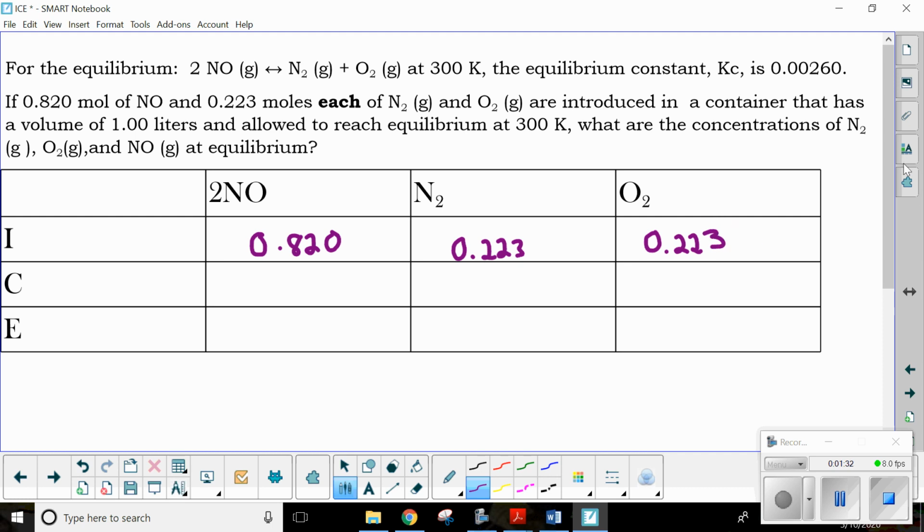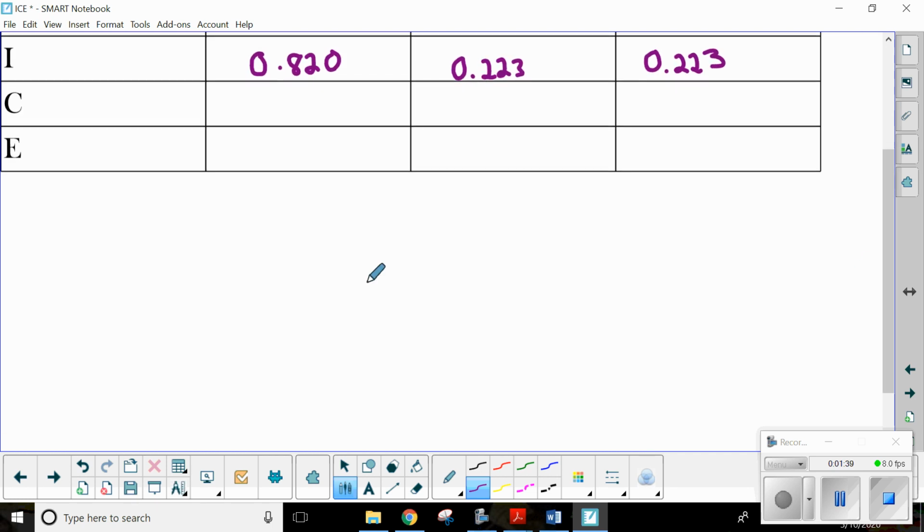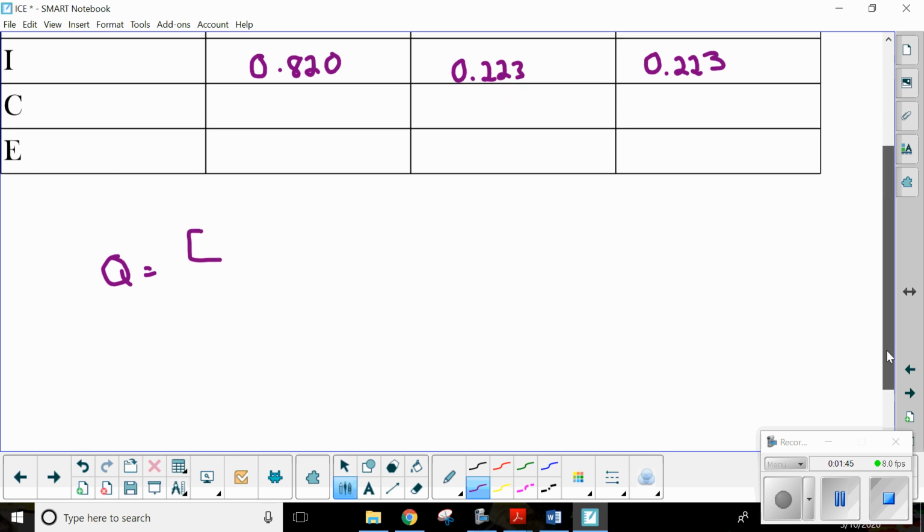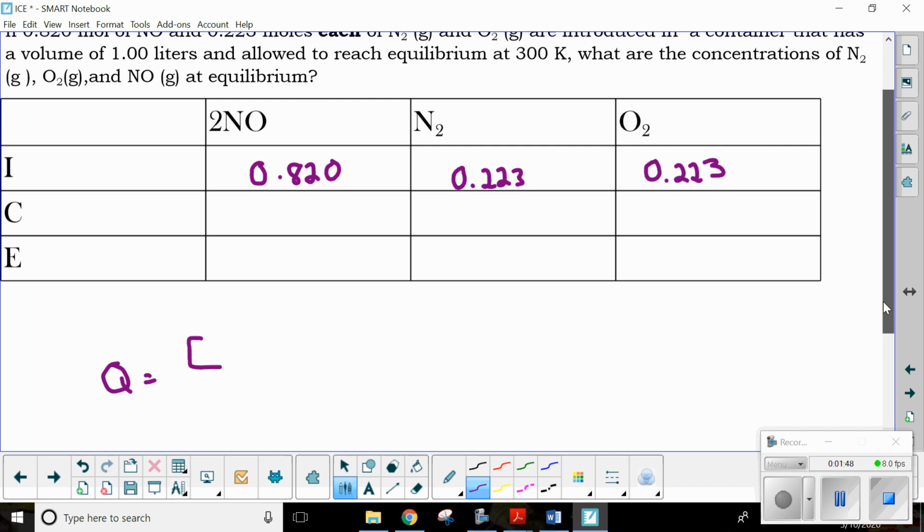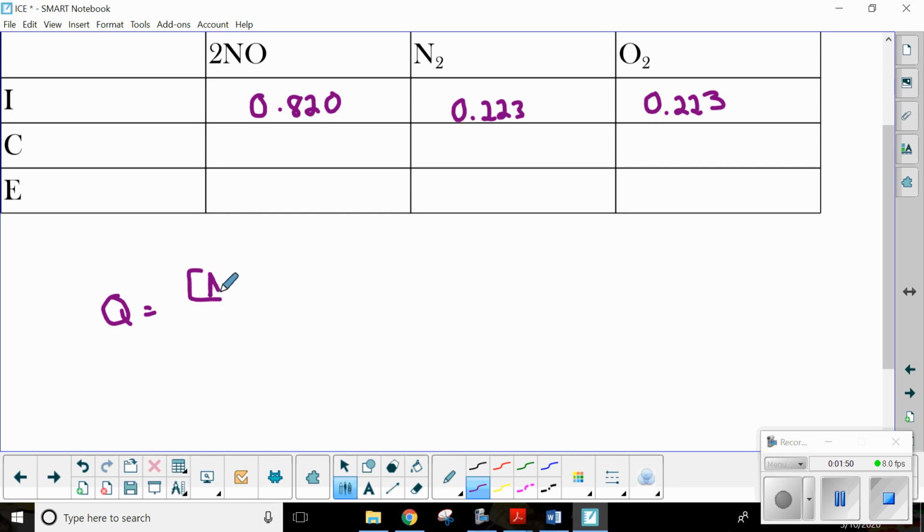So right now, I don't know if this reaction is going to shift left or shift right. So I've got to find my reaction quotient. So I'm going to come over here, and the reaction quotient is going to be the concentration of N2 and O2, for initial, all divided by the concentration of NO squared.